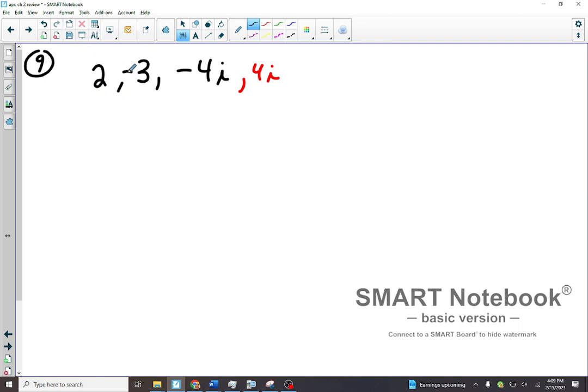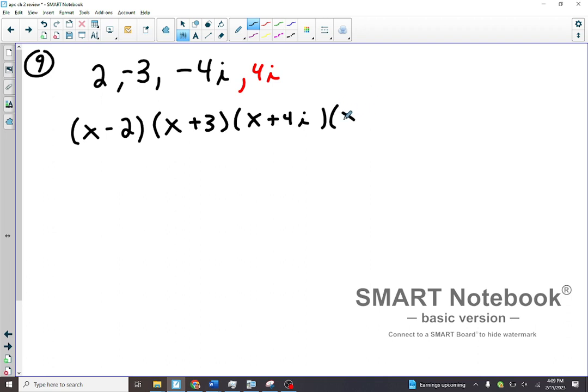If my answer was 2, before I got my answer I'd have x minus 2. If my answer is negative 3, I must have had x plus 3. If my answer is negative 4i, I must have had x plus 4i. If my answer was positive 4i, I had an x minus 4i.